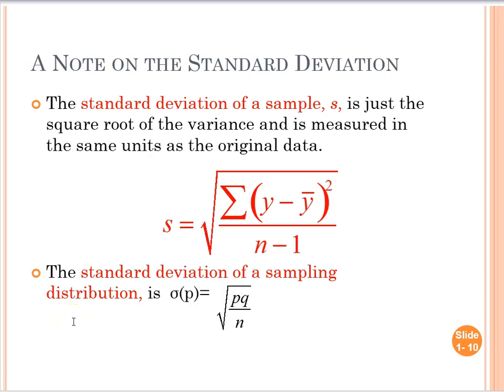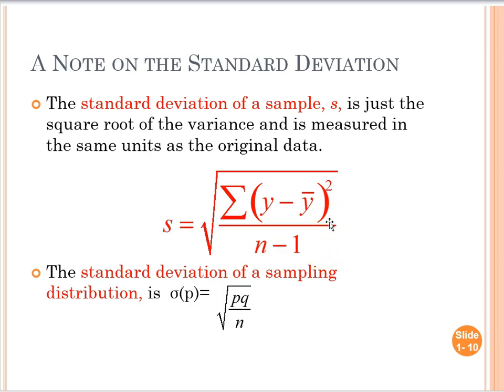A couple of points I want to quickly make before we move on to doing problems is first I want to notate the difference between the two different standard deviations. I've used the word standard deviation a lot, but there are different standard deviations that we've been looking at. First, what we learned in the first exam was how to calculate the standard deviation of a sample.